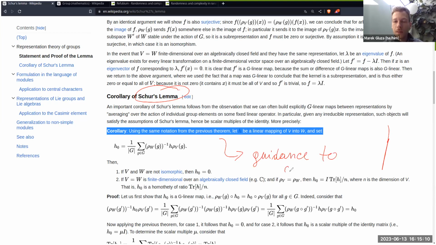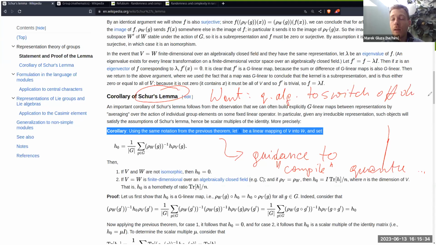to compile quantum something, right? So if I want to write a quantum algorithm to switch off dynamics, then I wouldn't know how to do it.